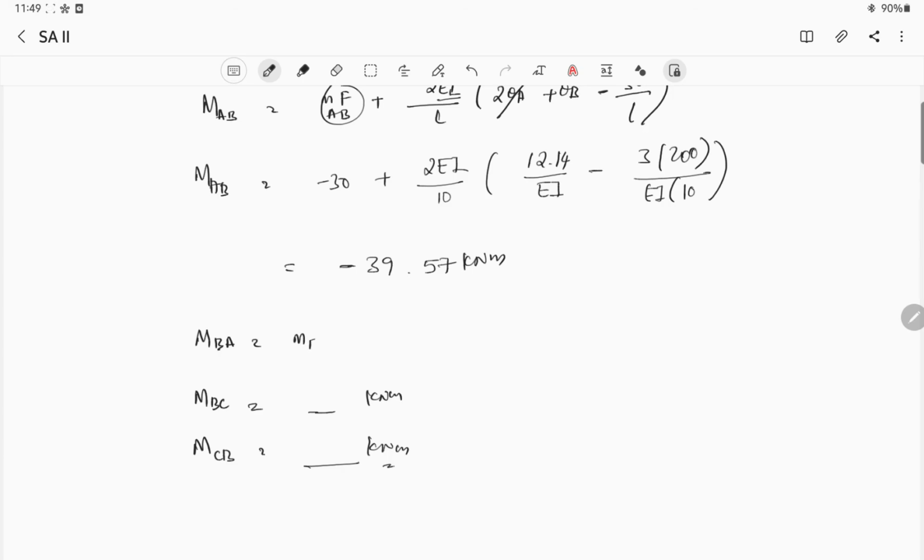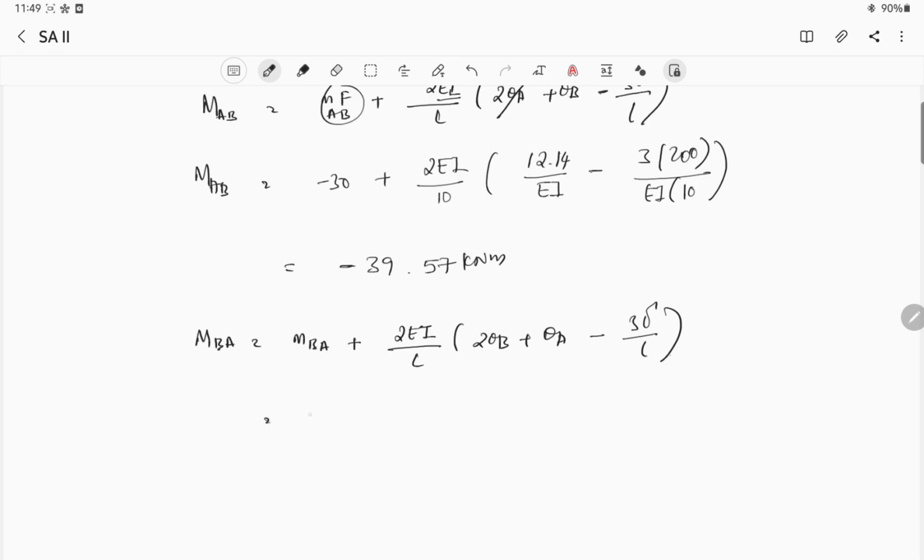This one is MBA plus 2 EI by L into 2 theta B plus theta A minus 3 delta by L. Only L here. Okay, don't write L square. So what is MBA you got? MBA 30 plus 2 EI by 10 into 2 theta B. Theta B is how much? 12.14 divided by EI.